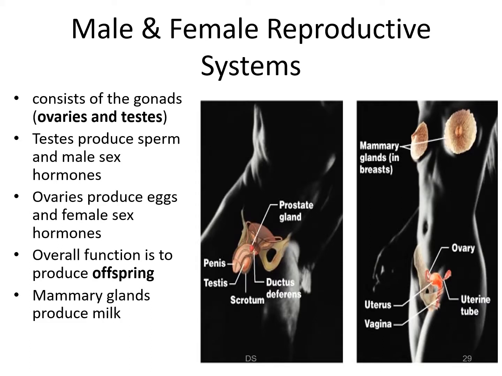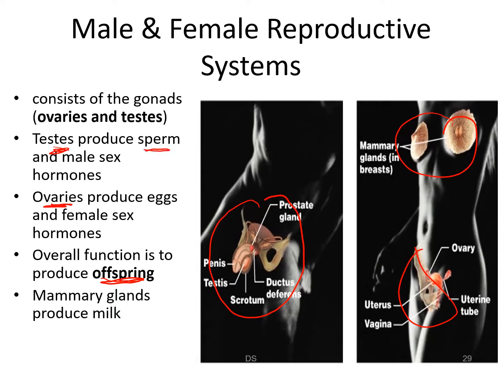The other is the reproductive system of male and female. These are important in producing offspring. The male testis is the gonad; in females the ovaries are the gonad.